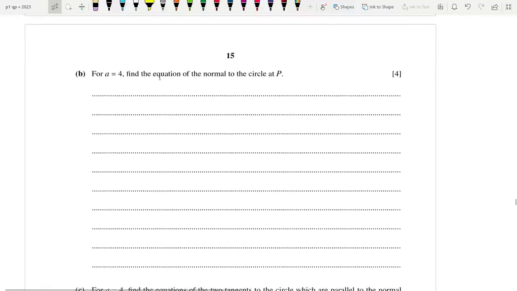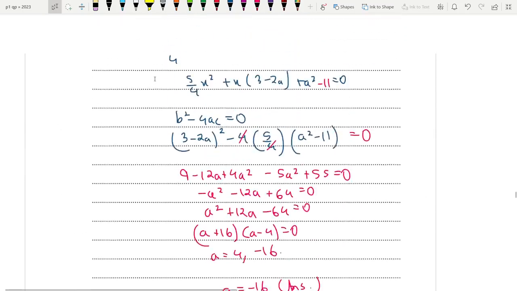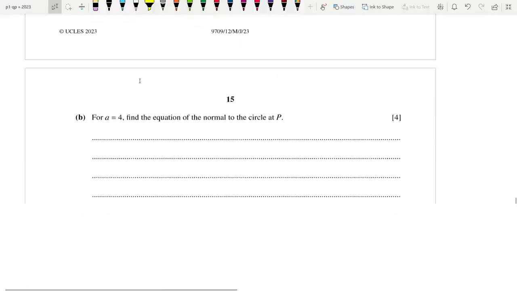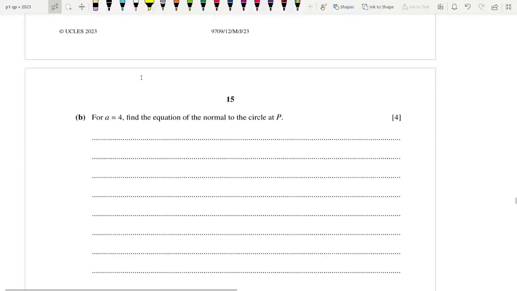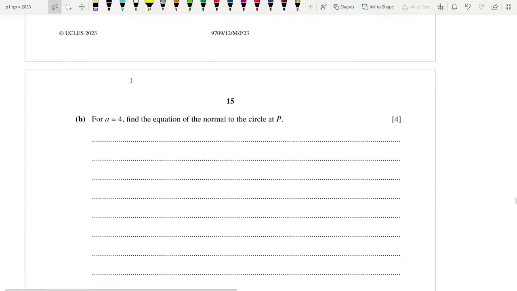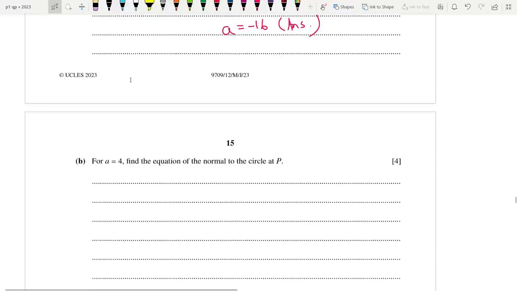For a is equal to 4, find the equation of the normal to the circle at P. Okay. So we need to find the gradient of the tangent first, right? So for example, this is the point.